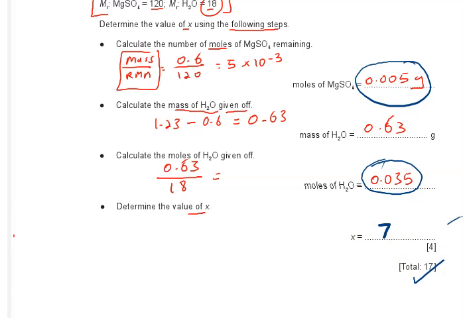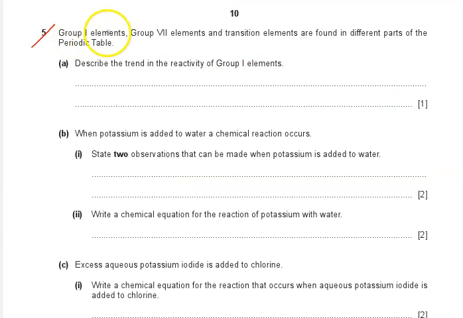Now we move on with the next one. Group 1 element, Group 17 element, and transition element are found in different parts of the periodic table. Describe the trend in the reactivity of a Group 1 element. So for Group 1 elements, here we have lithium, sodium, potassium, and also rubidium. Their reactivity will increase when going down the group.